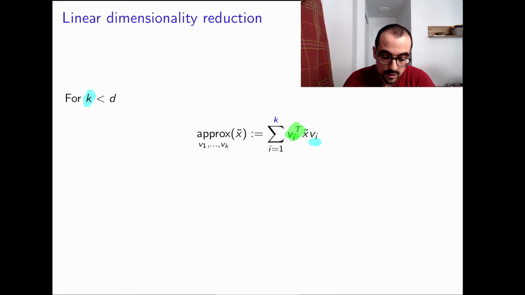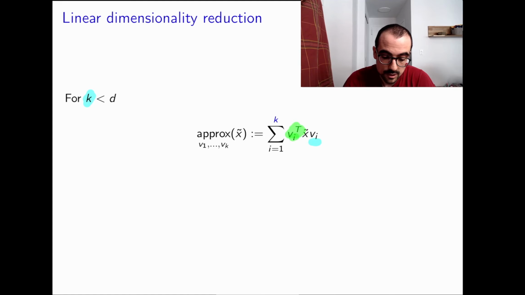How about I truncate this? I'm truncating it so that I only use k components instead of d components. This is an approximation in the d-dimensional space, so it doesn't help us very much.